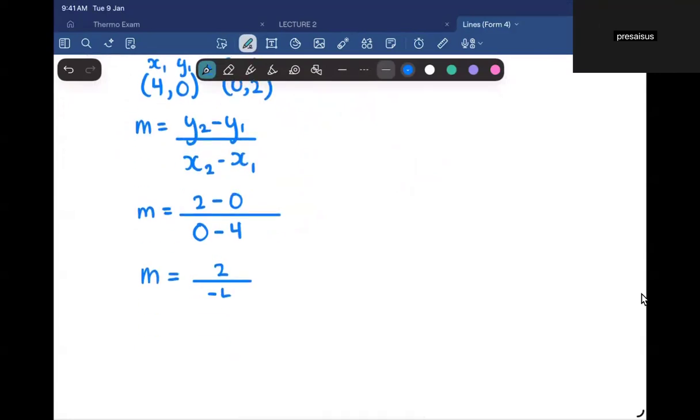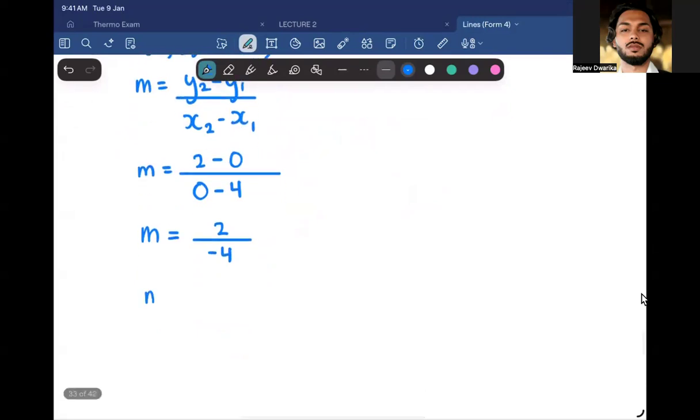What is a positive divided by a negative? Negative. What is 2 over 4? I can simplify it to what? What could go into both 2 and 4? 2.